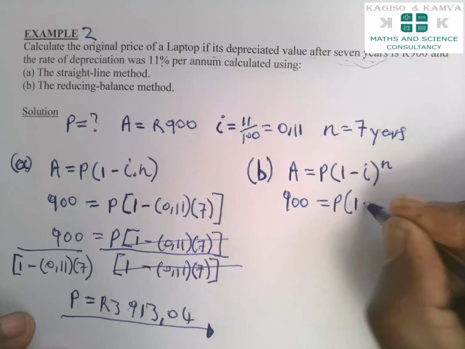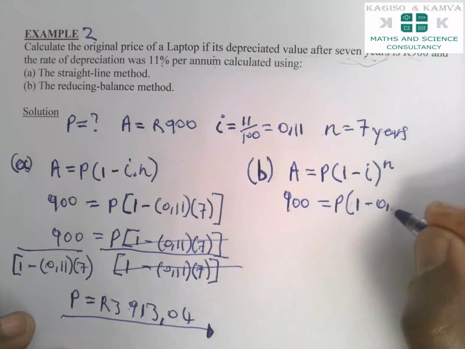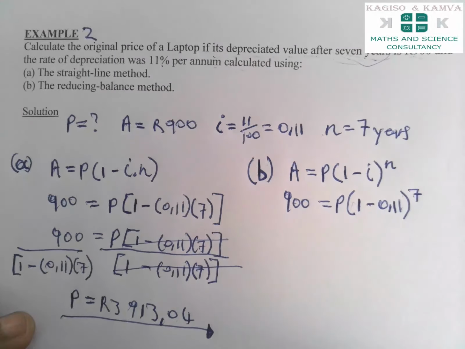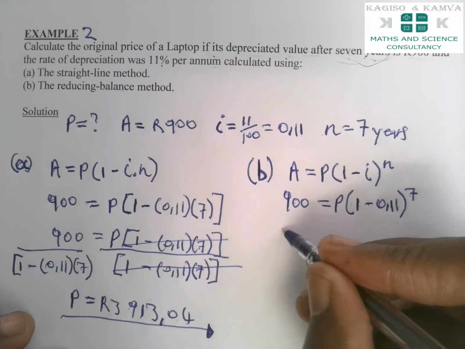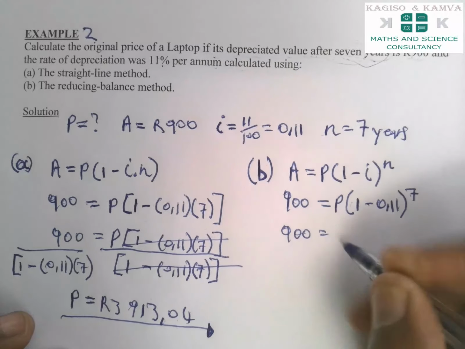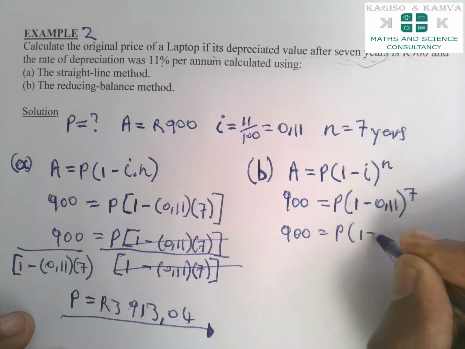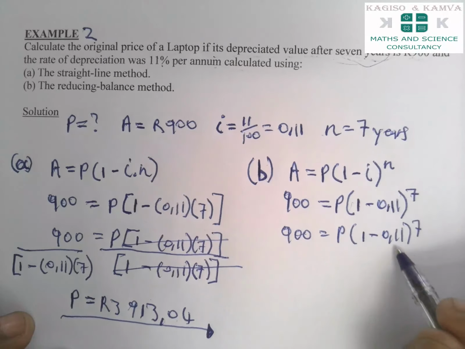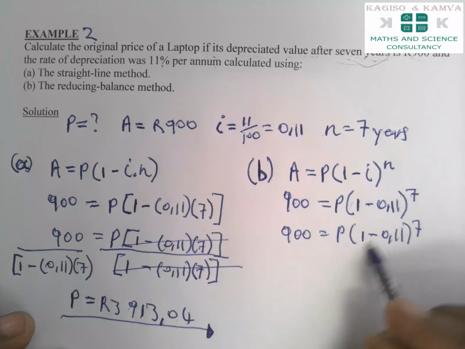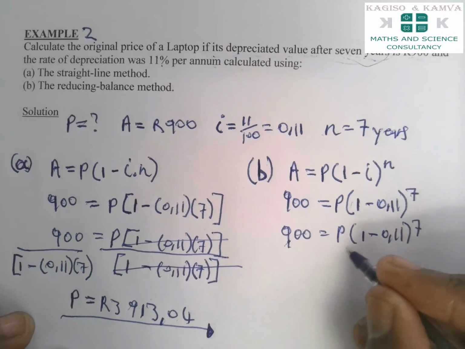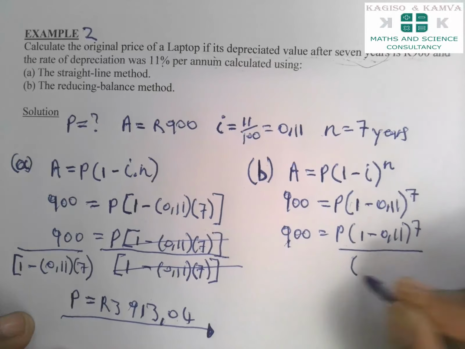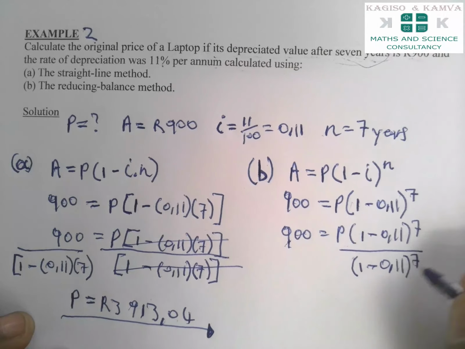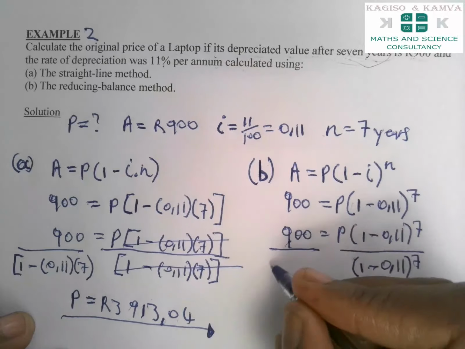And you say 1 minus 0.11 to the exponent 7. This is going to be 900 equals P times 1 minus 0.11 to the exponent 7. Now I divide both sides by this, 1 minus 0.11 to the exponent 7, and this side also.